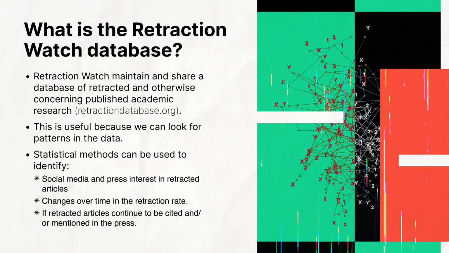We can use statistical methods to identify, for example, social media and press interest in retracted articles before they've been retracted, after they've been retracted, if the rate of retraction is increasing over time, and if there continues to be interest in articles after they've been retracted. So the Retraction Watch database is very useful for everyone interested in studying and writing about retractions.